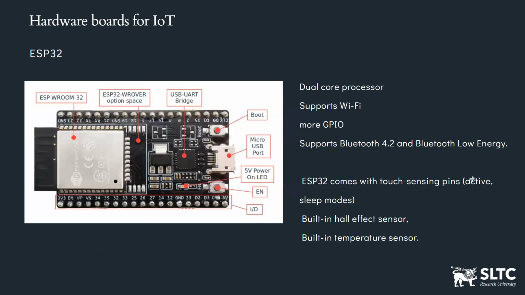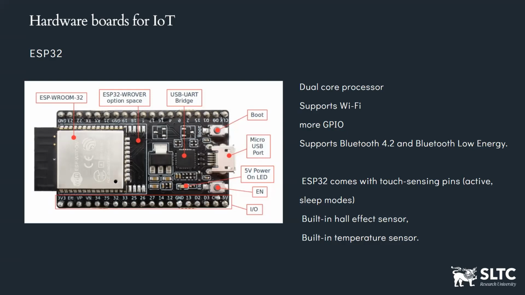Next, we are going to talk about the ESP32 microcontroller. So this also has a dual processor. It also supports Wi-Fi, and it has many input-output ports. Also, it supports Bluetooth and Bluetooth low energy communications, right?